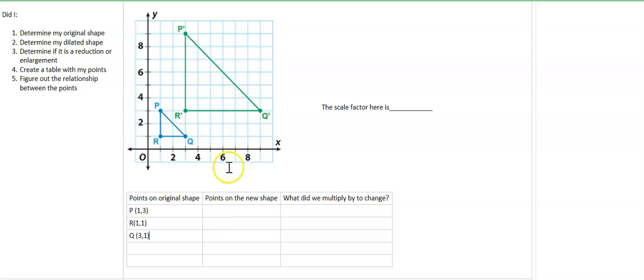Now, if I look at my new shape, I want to match it up. So I'm going to do P prime here. P prime, which is up here, is at 3, 9. Let's see. R prime is at 3, 3. And Q prime right here is at 9, 3.